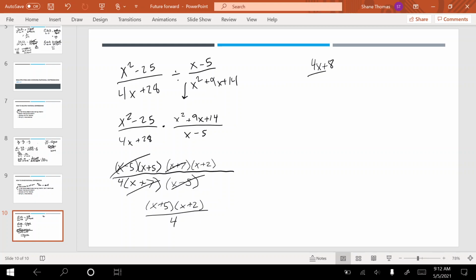4x plus 8 over 6x minus 10 divided by x squared plus 6x plus 8 over 9x minus 15.